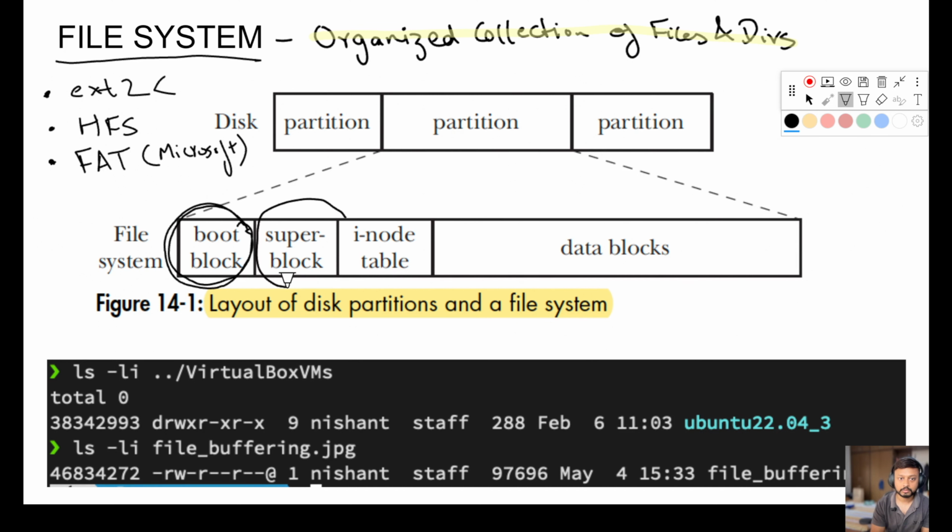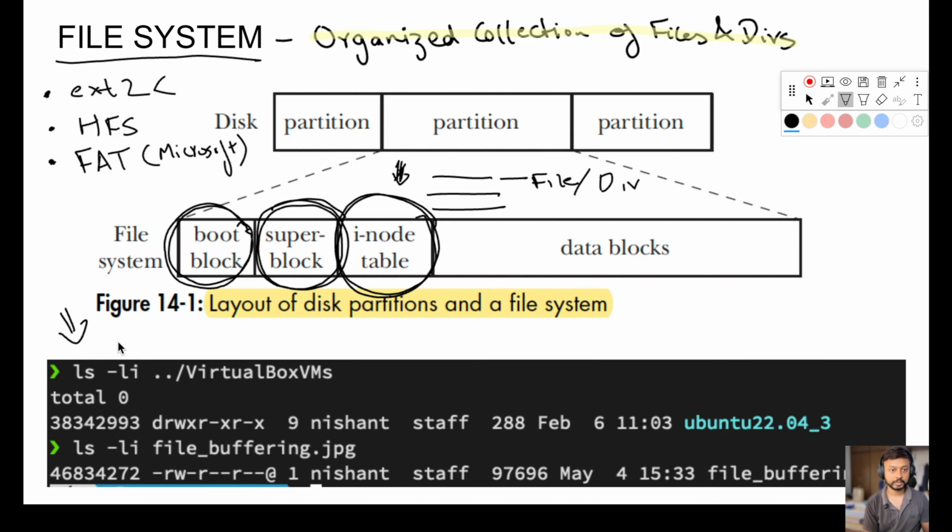Super block is the next set of information that the file system holds, and this contains information about how big the inode table is. Inode table is the actual table that holds the file. It contains multiple rows where each row corresponds to a file or a directory.